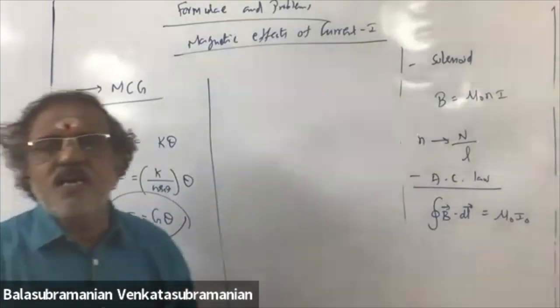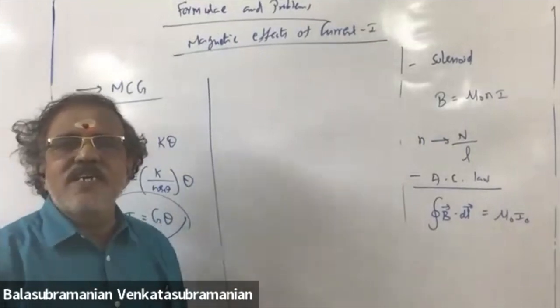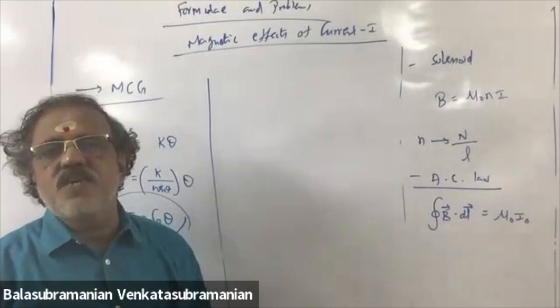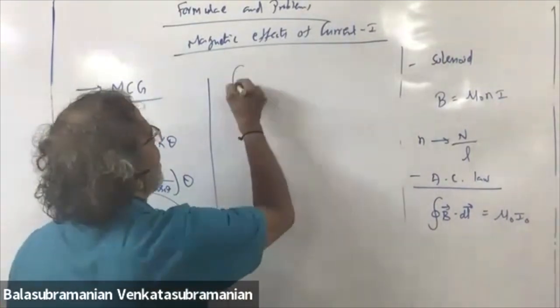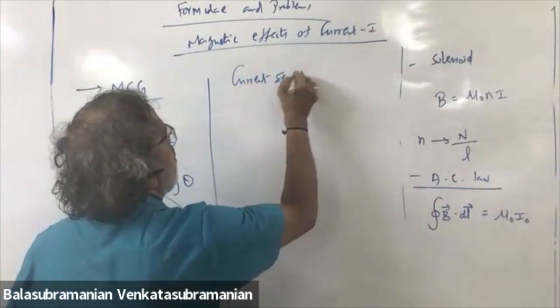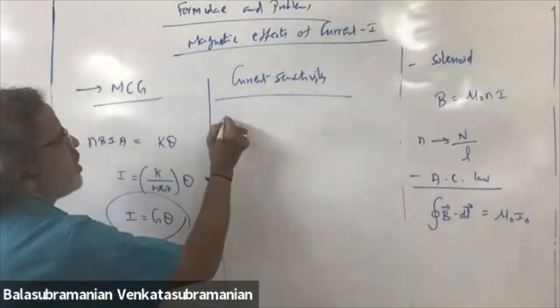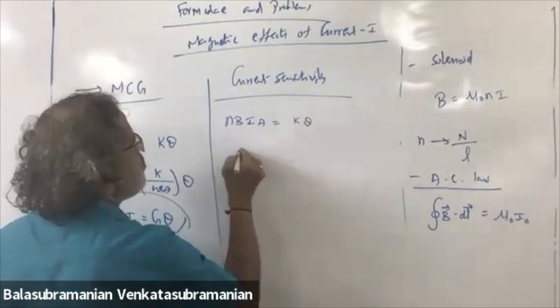Theory of moving coil galvanometer. This is the principle used in determining current sensitivity and voltage sensitivity of a galvanometer. Current sensitivity: take this equation NBIA is equal to K theta.